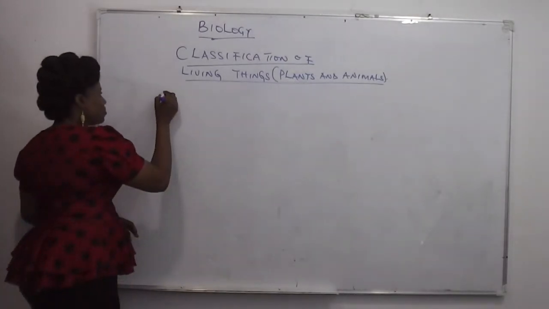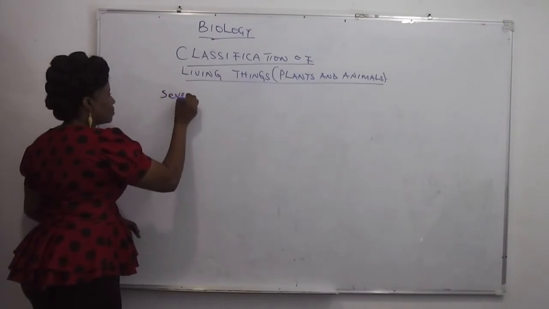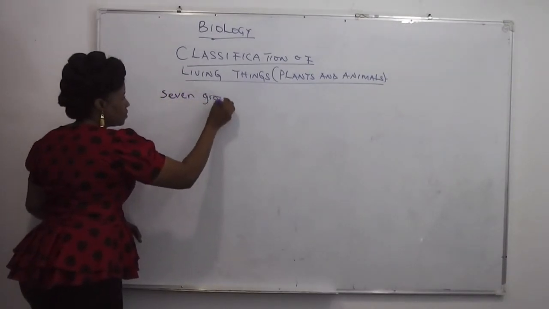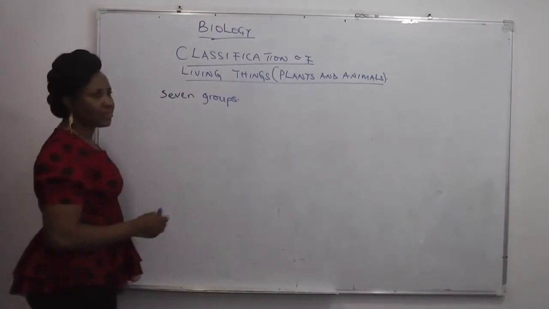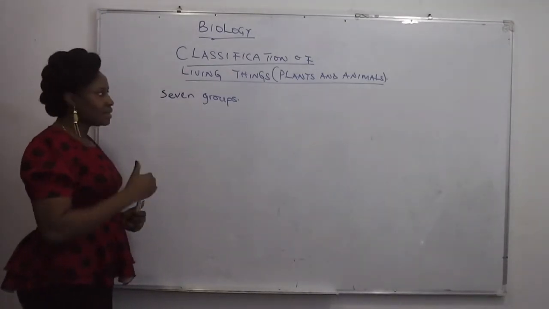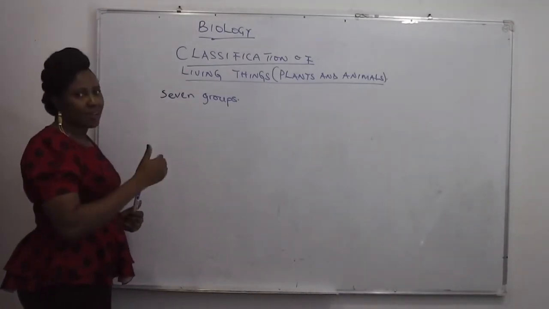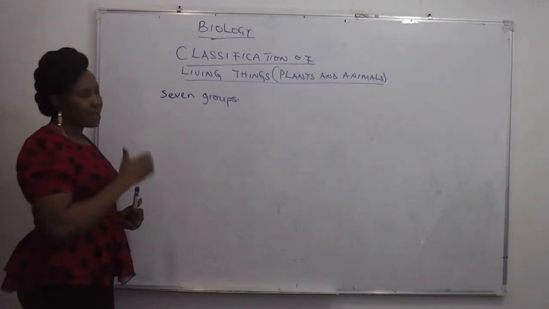These 7 groups involved in classification of living things, from the highest hierarchy to the lowest hierarchy, go like this.